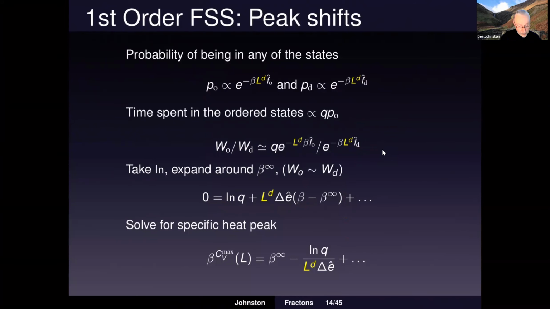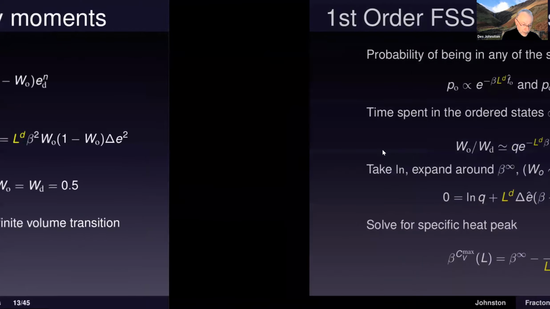What's the end result of doing all of that? I get a shift again by 1 over the volume. And the delta here is the change in the energy between the ordered and the disordered state, whatever that happens to be. So what do we learn from these calculations?